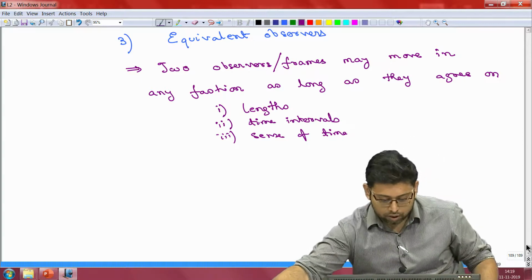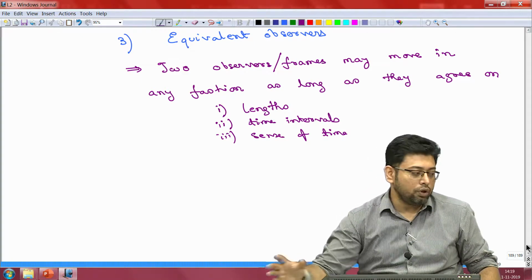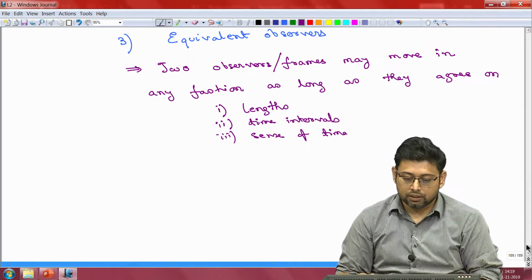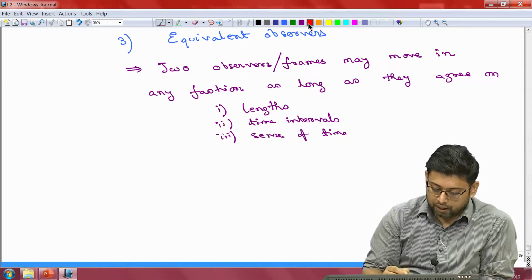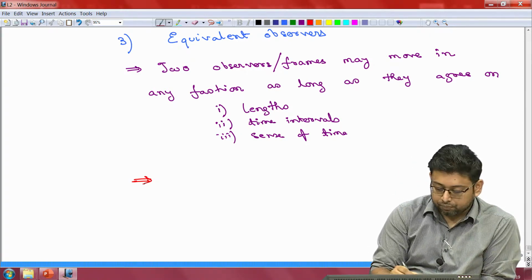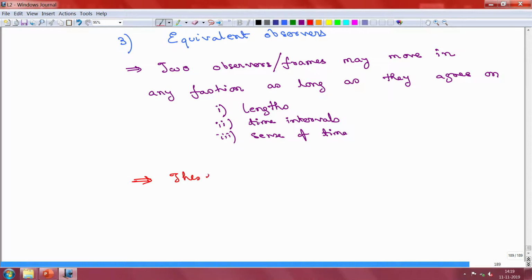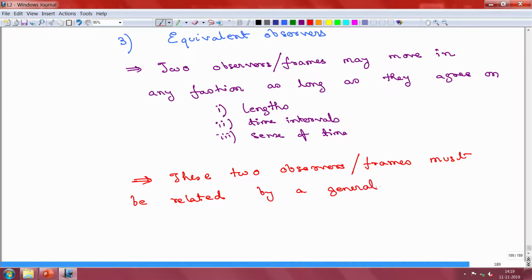And you can show that these two observers or frames must be related by a general rigid body motion.